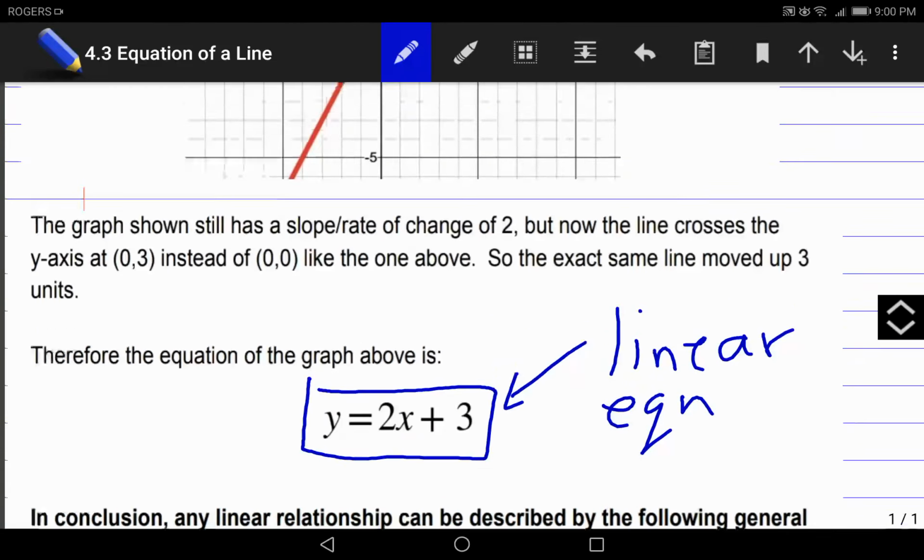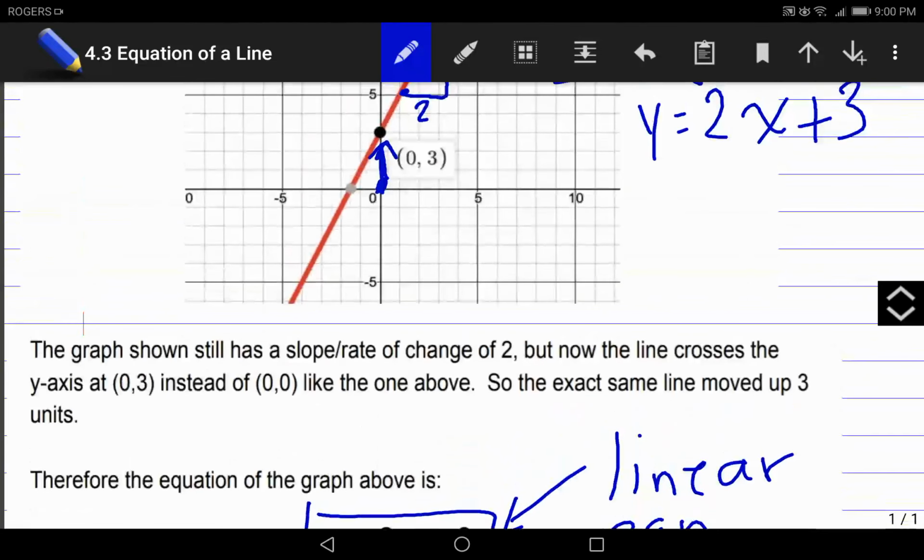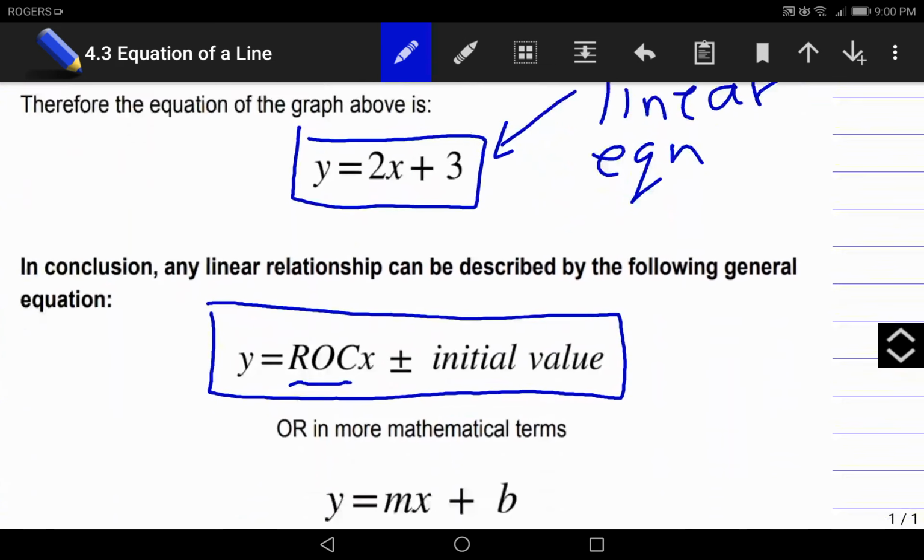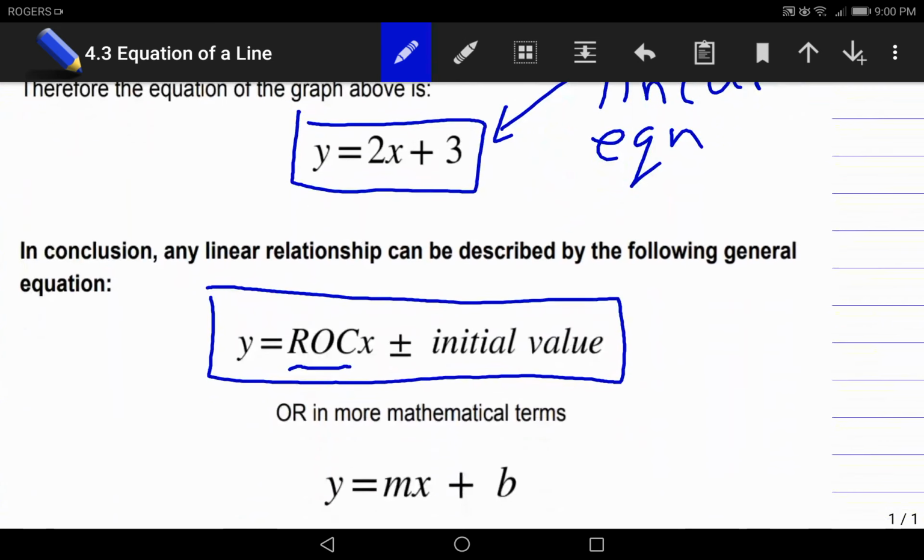Like our line could cross somewhere down here, where the y-intercept would be -5. So I put plus or minus there for that reason. So the rate of change times x plus or minus our initial value. And remember, another word for initial value is y-intercept.